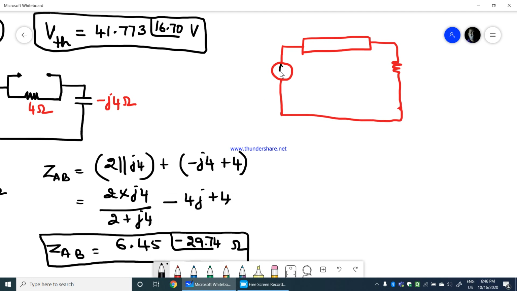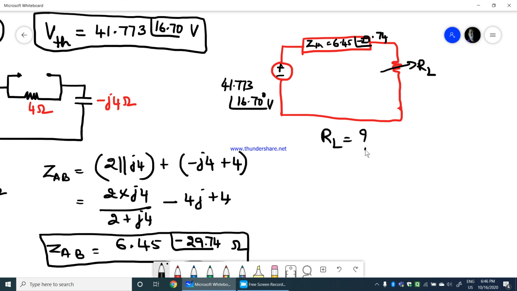Therefore, this is VTH, which is 41.773 at an angle 16.70 degree volts. Then this is ZS or ZTH or ZAB, whatever it is, 6.45 at an angle minus 29.74, and this is my RL. So the question is, what is RL and what is Pmax?